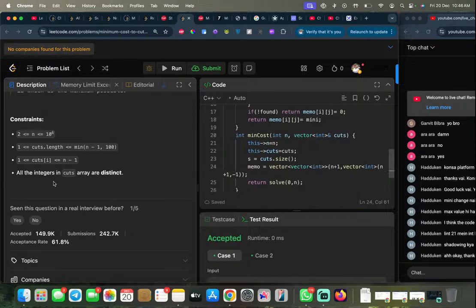We'll have to work on it so it is a function of cuts. i and j are related to cuts length, not the length of the bar.